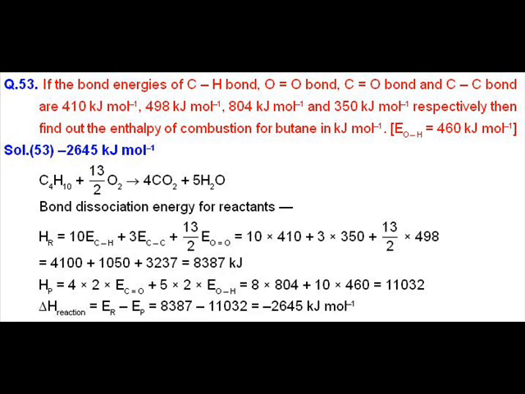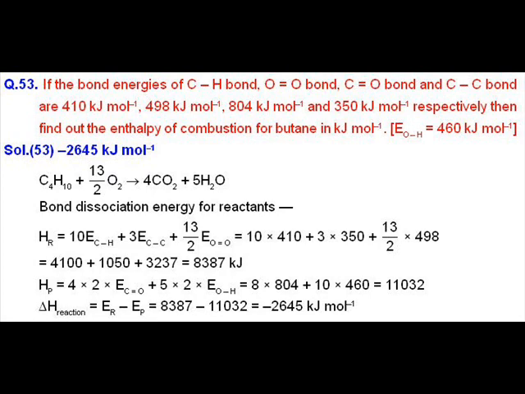As we know that 1 mole of CO2 has 2 C double bond O, so 4 moles will have 8 C double bond O, and the energy released will be equal to 8 multiplied by the energy released in the formation of 1 C double bond O, and there are 5 moles of H2O. Each H2O has 2 O-H bonds, so the energy released will be 5 into 2 into the energy of 1 O single bond H.